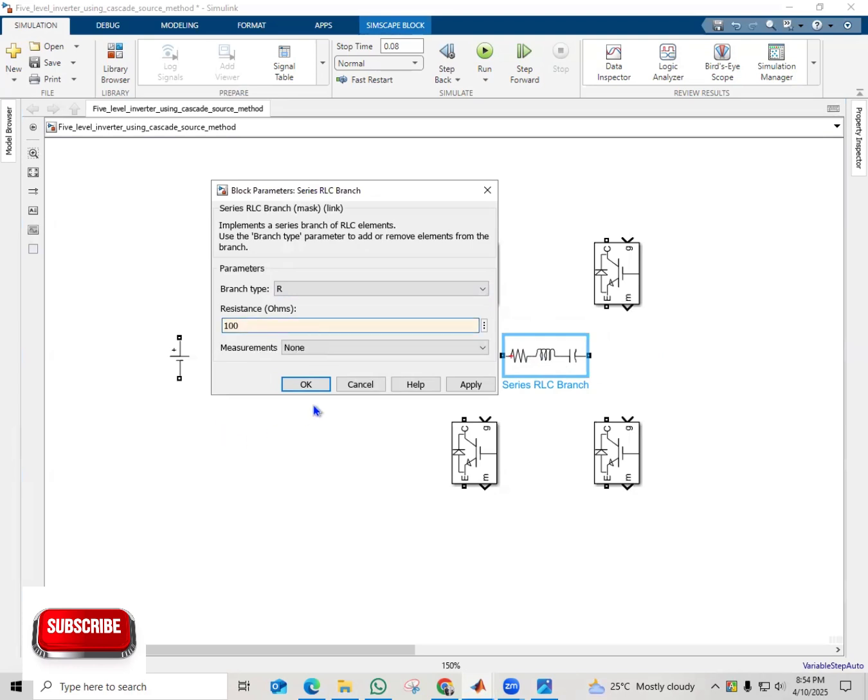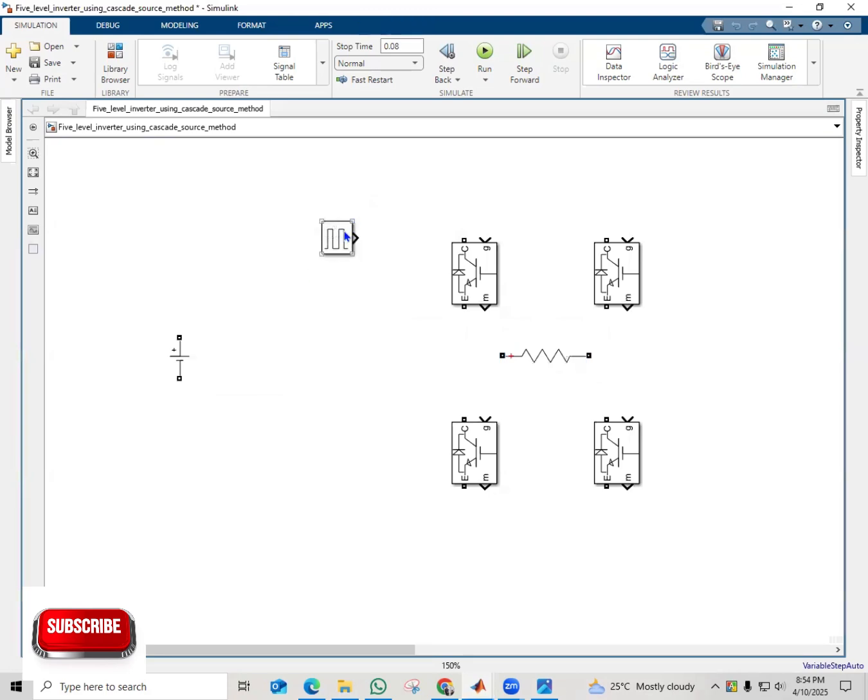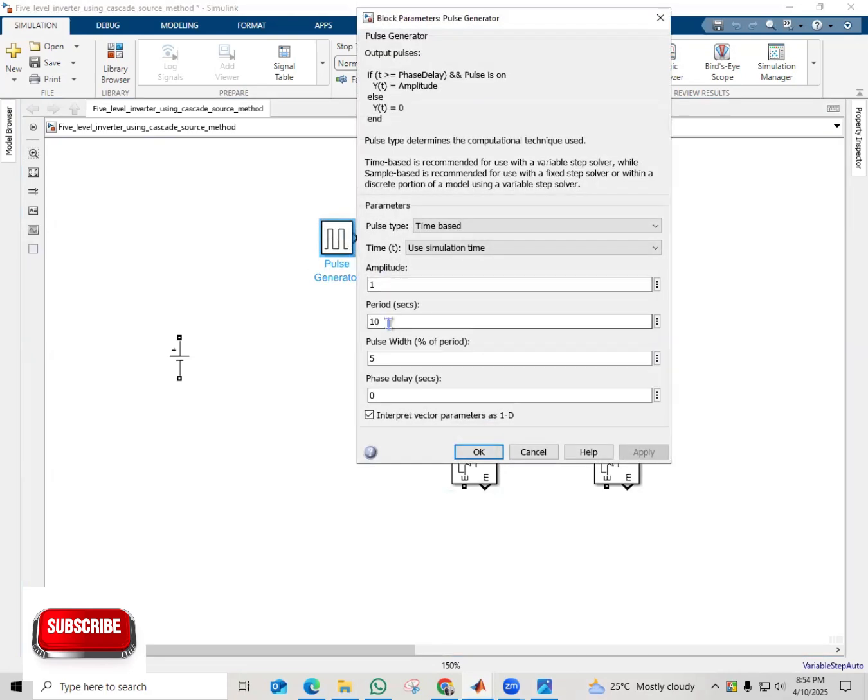I set the resistance value to 100 ohm. For the pulse generator, I am setting the period here to 0.02, and the activation pulse width percent will be 50.